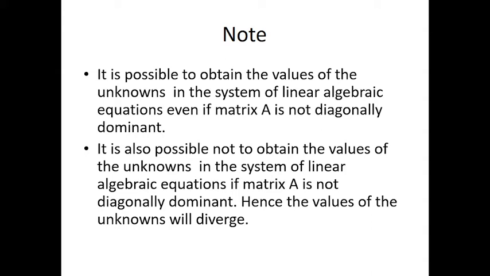Hence, the values of the unknowns will diverge. It is also possible that we do not get the values of the unknowns, let's say x sub 1, x sub 2, and so forth, when matrix A is not diagonally dominant.